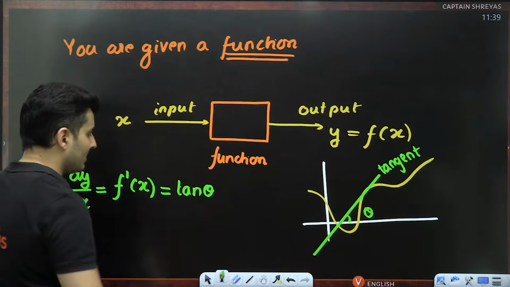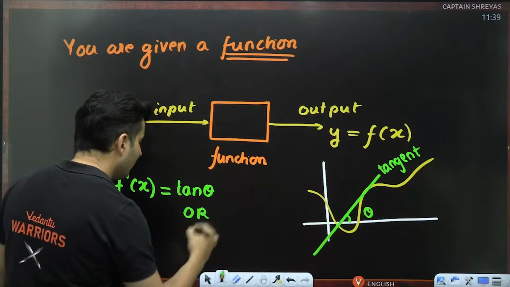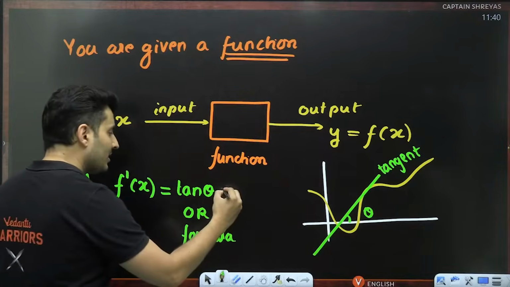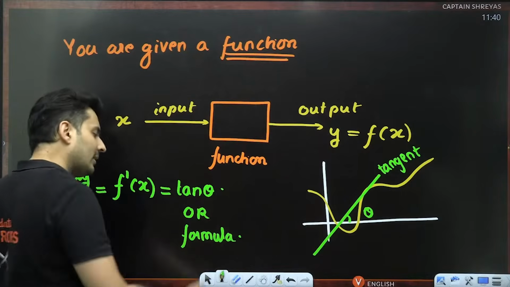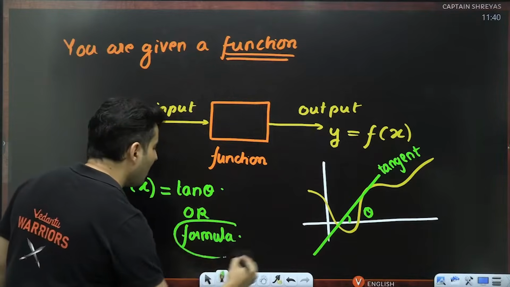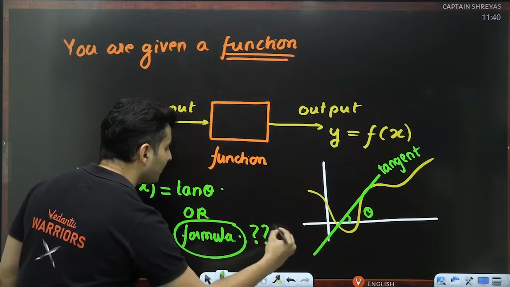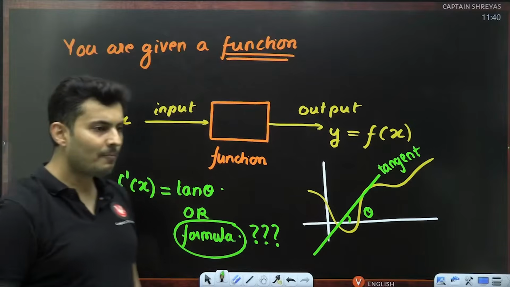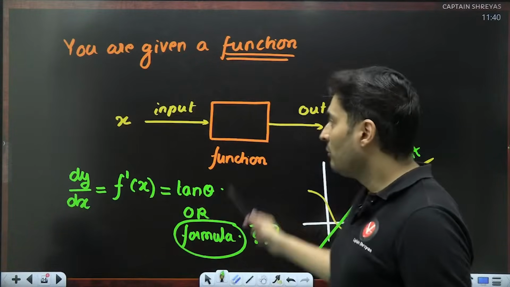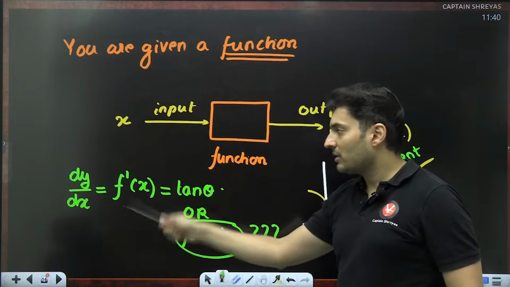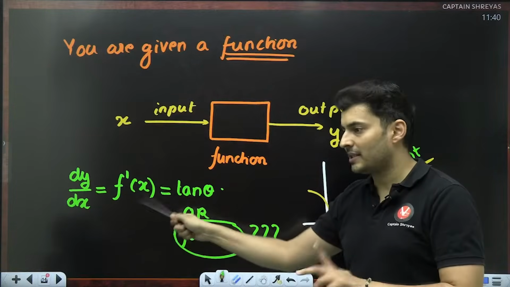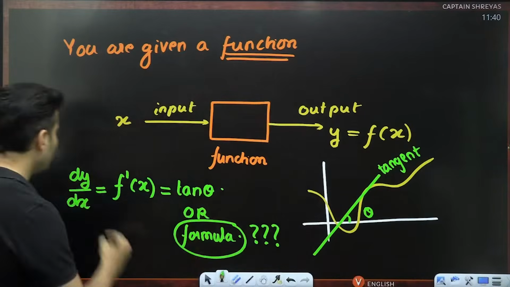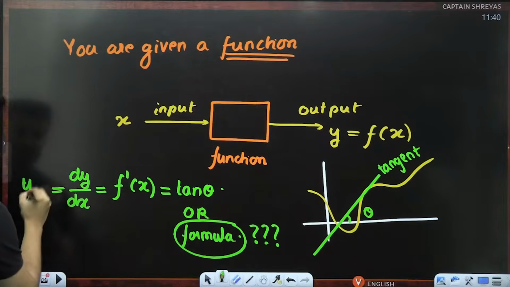So there is a process, or basically there is a formula which will give me the answer. If this works, good. If this doesn't work, then use the formula. So we are going to see what those formulas are. Is this clear, my dear students? We are trying to find the derivative, which is also represented symbolically as f dash x, which is also tan theta. Some books also use this symbol. They will call it y dash.